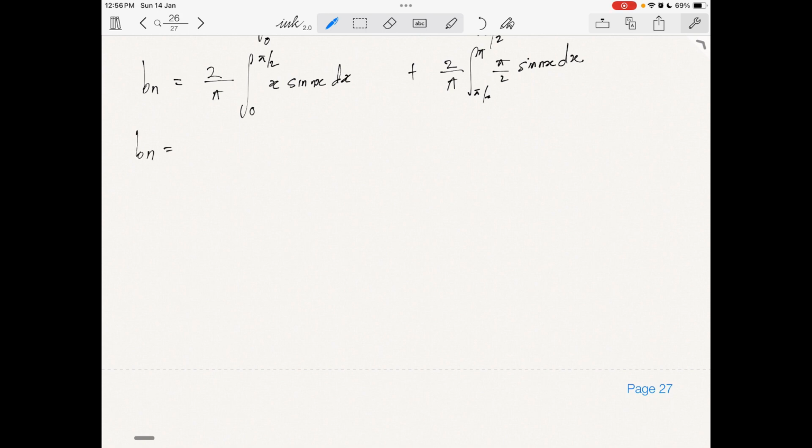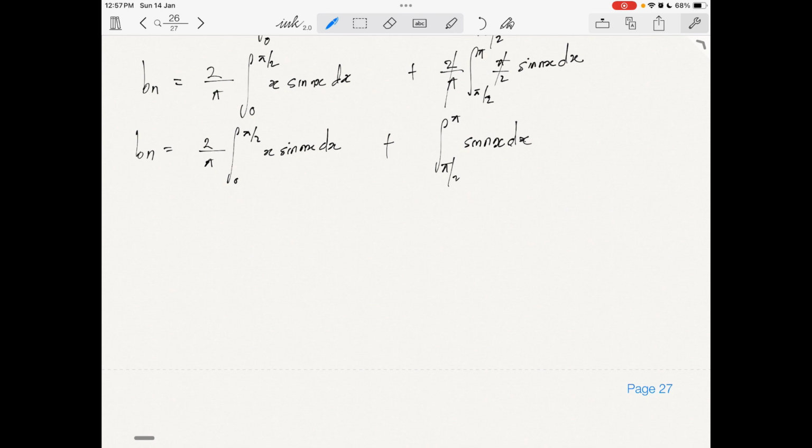So bn is equal to 2 over pi integral of 0 to pi over 2 of x sine nx dx plus, pi over 2 will cancel 2 over pi, and we are left with the integral from pi over 2 to pi of sine nx dx.